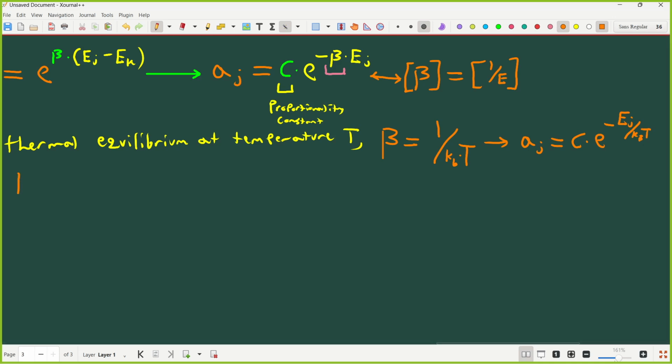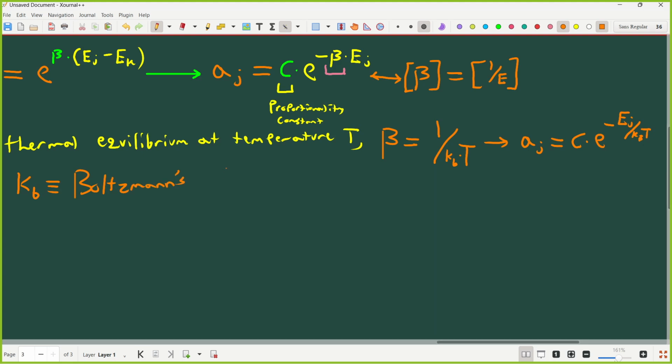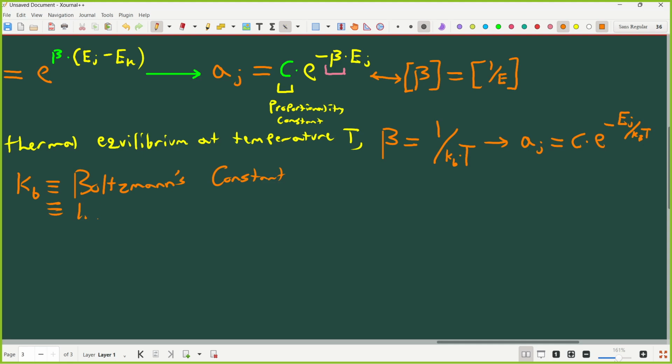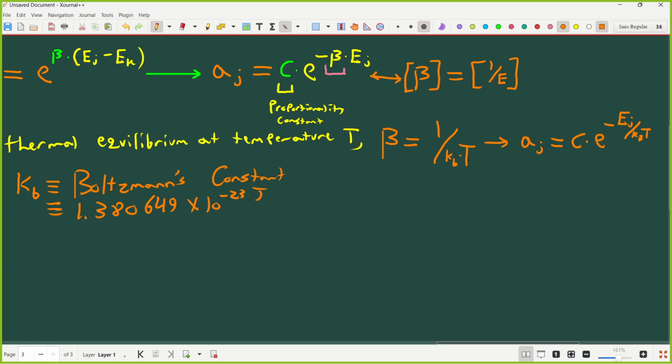This is what's called Boltzmann's constant, Kb, and the value of it is exactly defined as 1.380649 times 10 to the minus 23 joules per Kelvin.